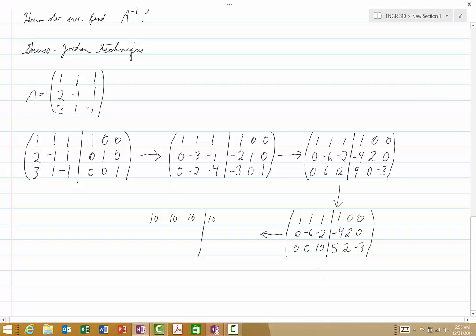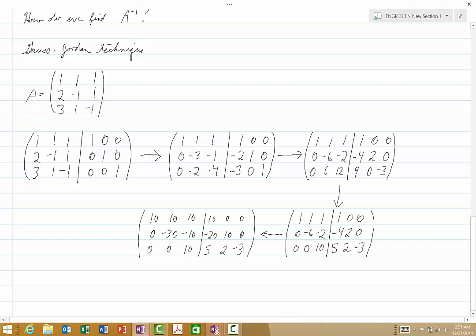But again, I would just prefer to avoid the fractions as long as possible. So if I multiply the top row by 10, that's what I'll get. And now, as I said, I'll multiply the second row by 5. So we get 0, negative 30, negative 10, negative 20, 10, and 0. And the final row I'll just leave as it is, 0, 0, 10, 5, 2, negative 3.